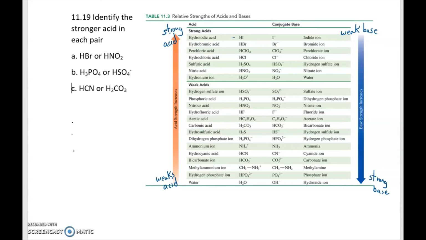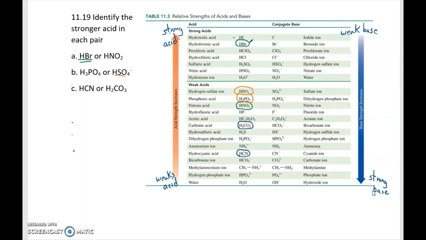All right, so identify the stronger acid in each pair. Or maybe you want to stop the video right here. So in each case, to identify the stronger acid, we're looking for the acid that's higher on the list. If we start with the hydrobromic and the nitrous acid, the ones in green here, you see that the hydrobromic one is higher, and so it is the stronger acid.